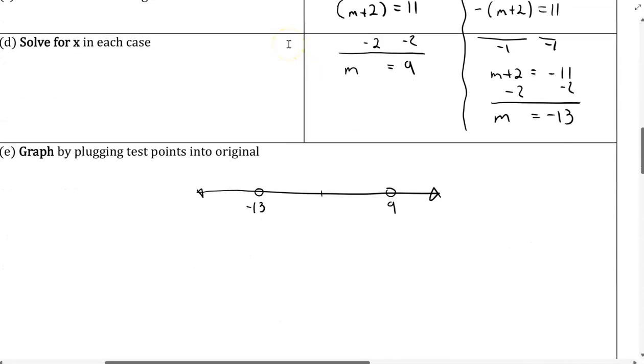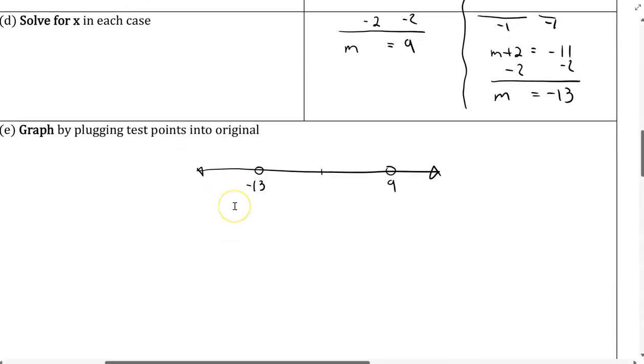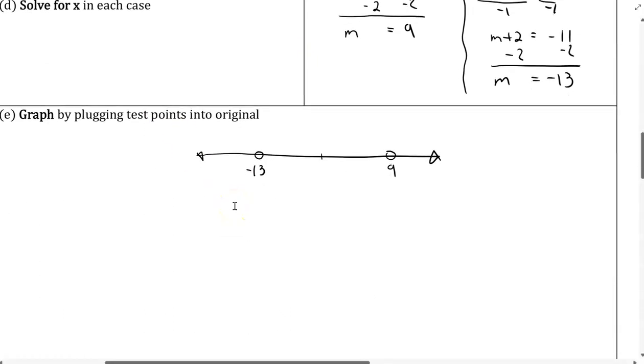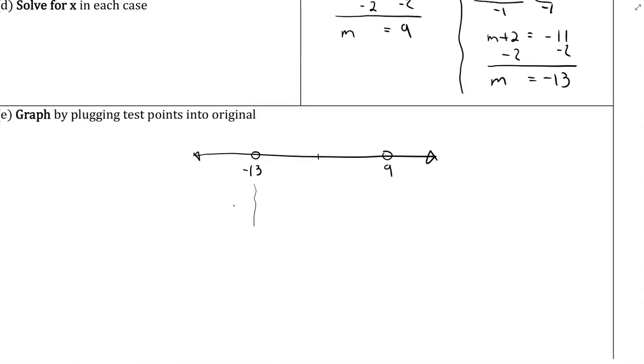Secondly, we are now going to look at the graph. Notice that there's essentially 3 sections of the graph. We have the section of the points that are to the left of negative 13. We have the section of the points between negative 13 and 9. And then we have the section of points that are to the right of 9.